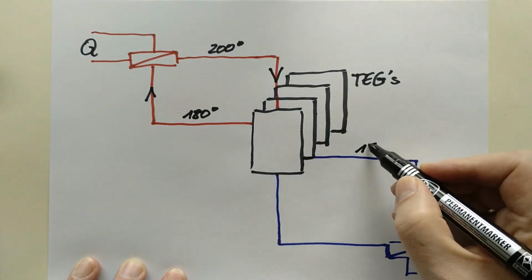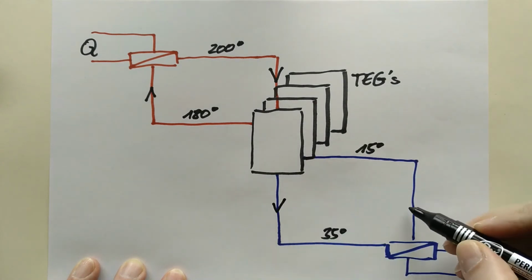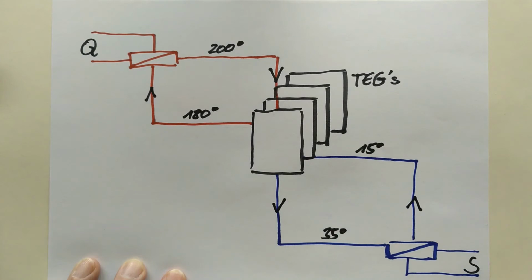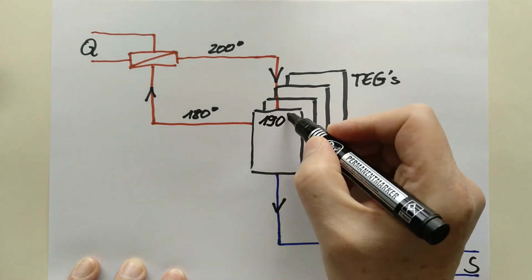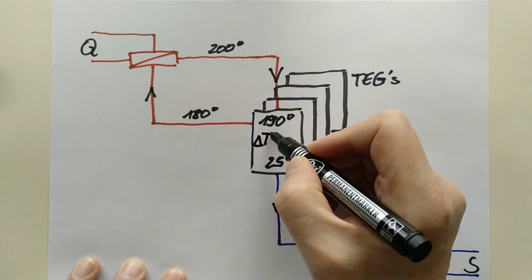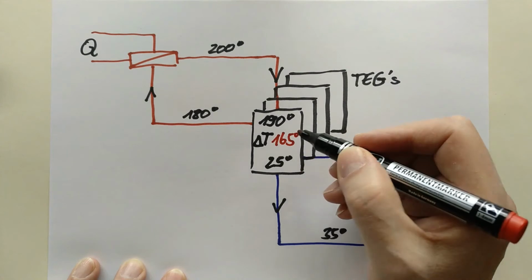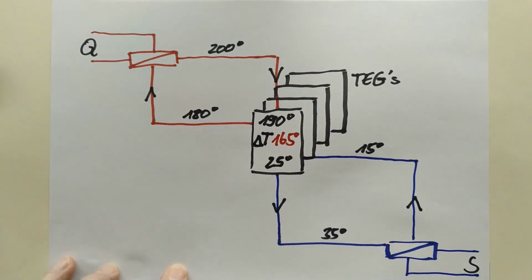This gives a mean temperature of 190 degrees Celsius on the hot side and 25 degrees Celsius on the cold side. The effective temperature difference in the generator which determines its output is 165 Kelvin.